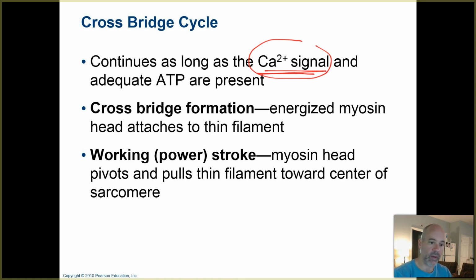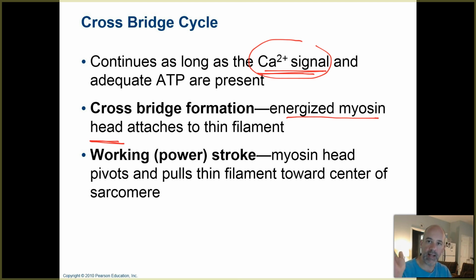And what causes that? Well, you've got to have action potentials spreading across the sarcolemma and triggering that calcium to come out of the SR, or the sarcoplasmic reticulum. So cross bridging again is when we have an energized myosin head.